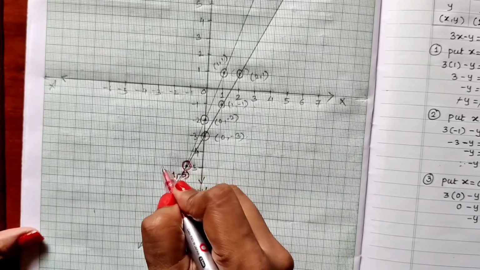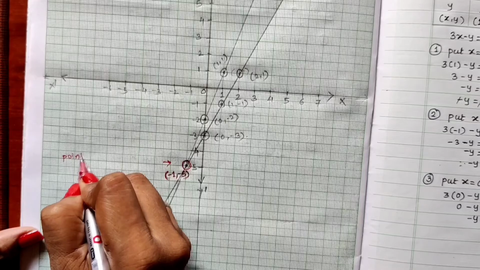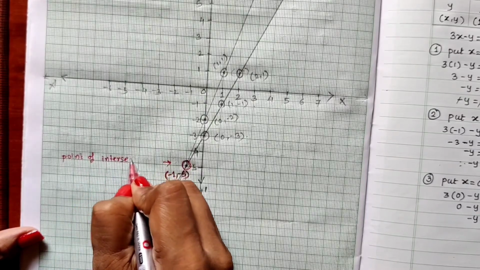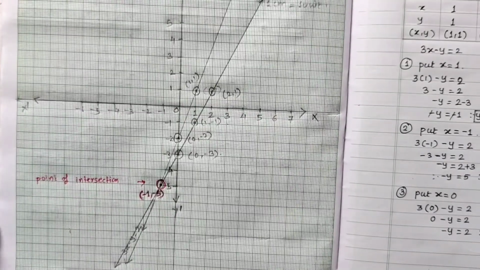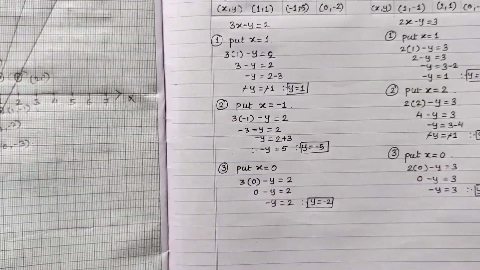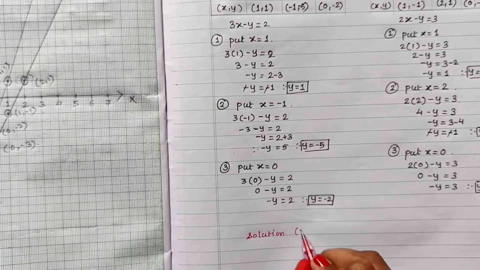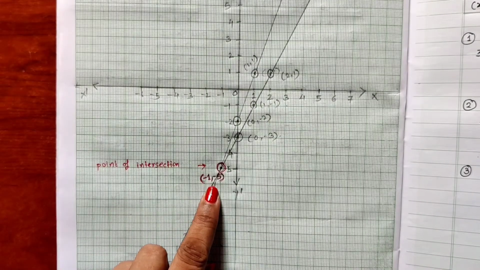So this is the point of intersection. In this way we can complete the graph and write the solution here. Solution: x, y is equal to -1, -5.